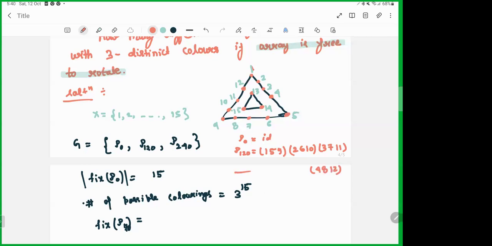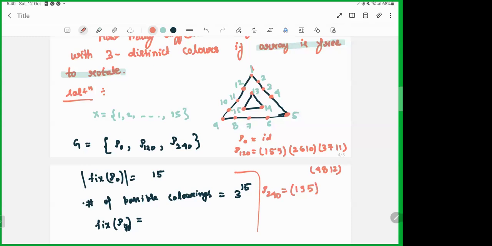Then the last one, what is row 240? 1 goes to 9, 9 goes to 5, and 5 goes to 1.